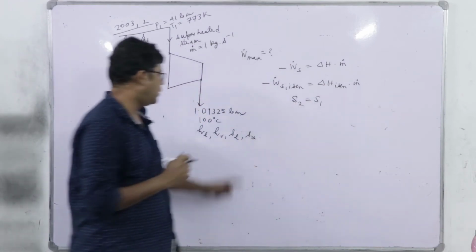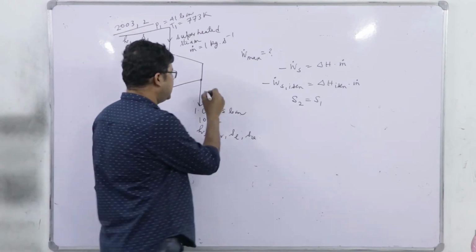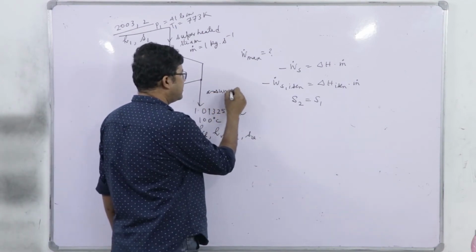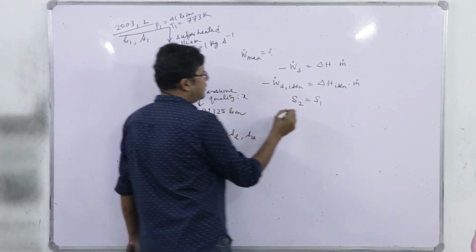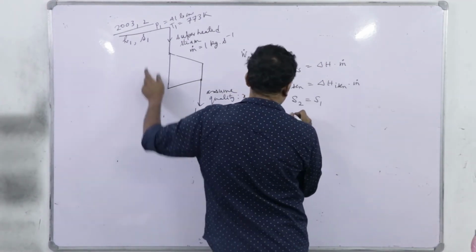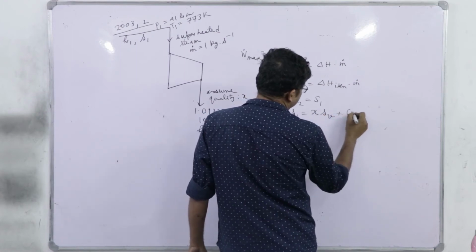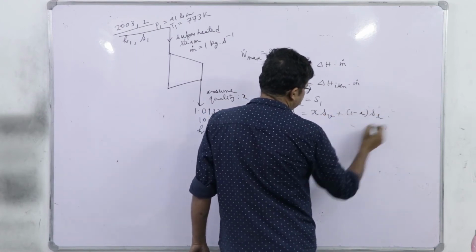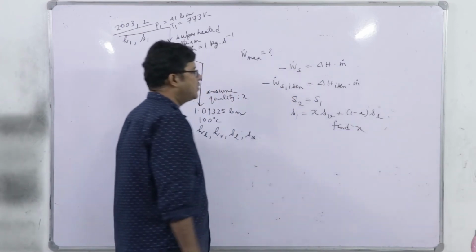Now, S2 we do not know, however, SL and SV are given. So, we assume a quality, that is a vapor fraction. So, S1 we can write as X into SV plus 1 minus X into SL. So, from here we have to find X, right.